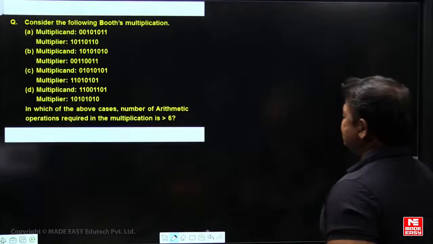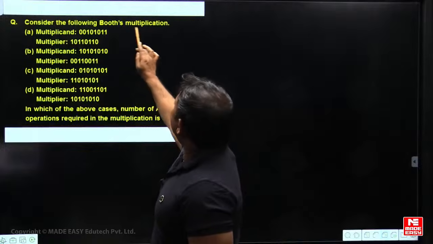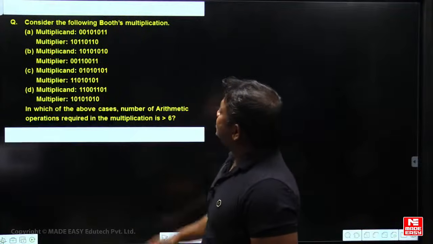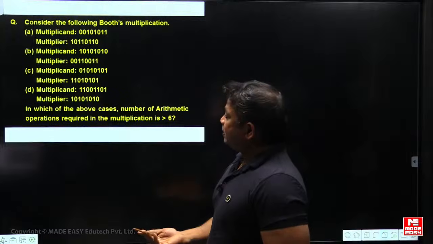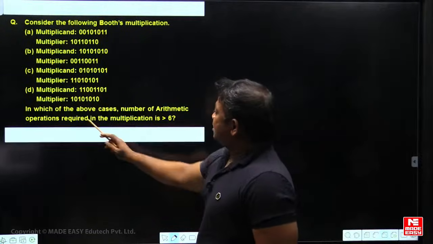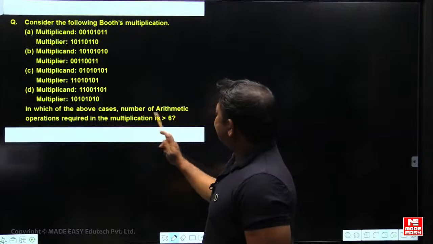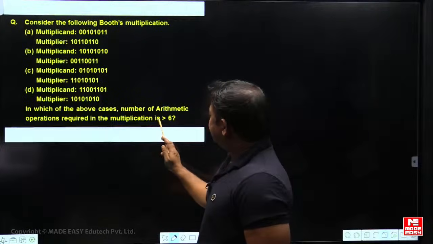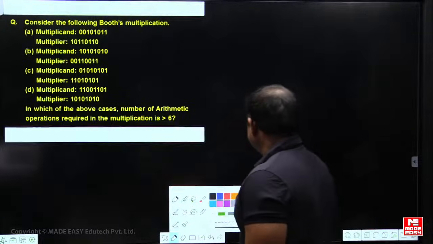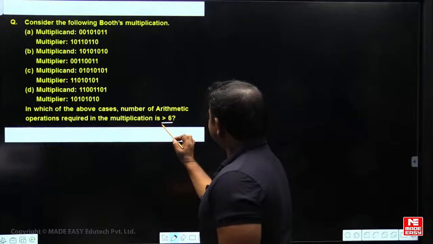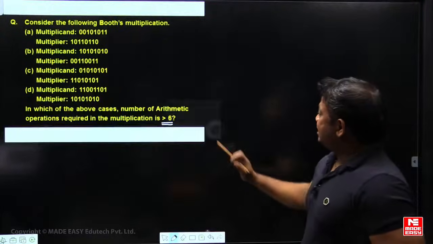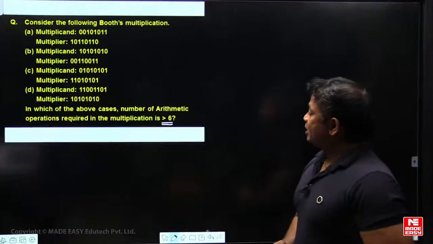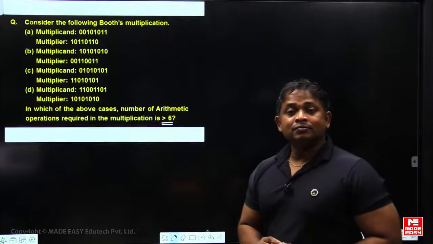Students, this is the question. Consider the following multiplication. Here there are options A, B, C, D. Multiplicand given, multiplier also given. In which of the above cases is the number of arithmetic operations required in the multiplication greater than 6?